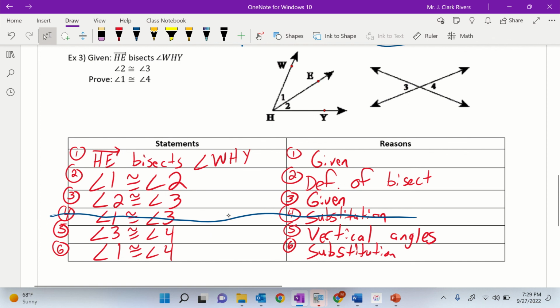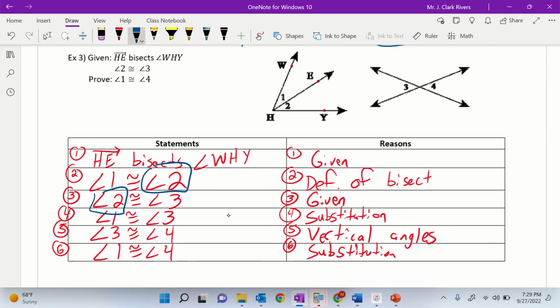Remember the logical chain of reasoning? If A, then B, if B, then C, if C, then D. So we have to create this chain of reasoning. And I'm pretty flexible on some stuff. This is something I'm not flexible on. There has to be a chain from one to the next, one to the next, right? 2 shows up here, 2 shows up here.